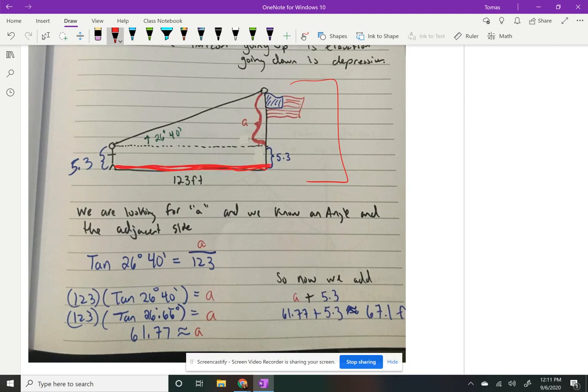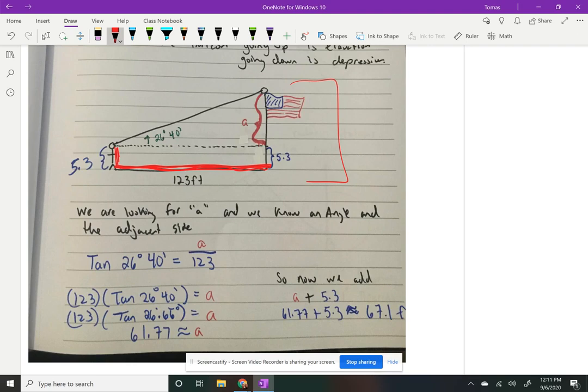In this case, it's 123 feet. The person is 5 feet 3 inches, or 5.3 feet, so we have to take that into consideration. And then they use this machine, a clinometer. I can never say the word right. I always get it wrong.